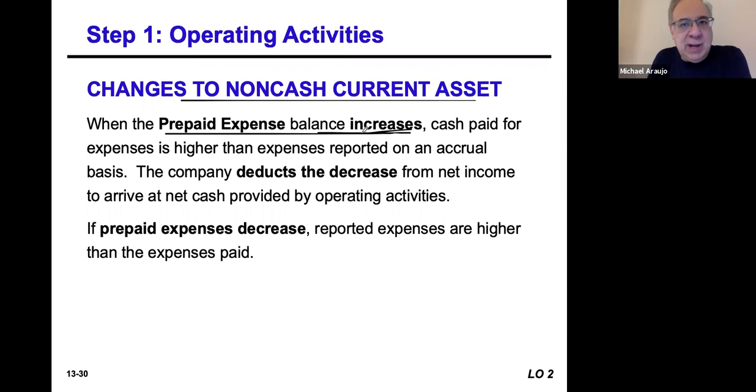You have to use money to buy more prepaid insurance. You have to use money to buy more supplies, and so the company deducts that from cash flow. If the prepaid expenses decrease, then the expenses are actually higher, and so we'll add those in, as you'll see.